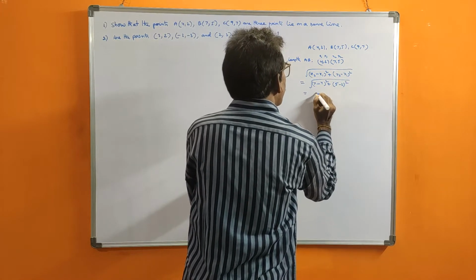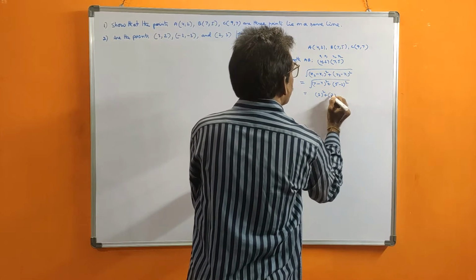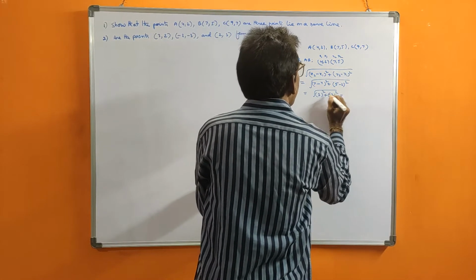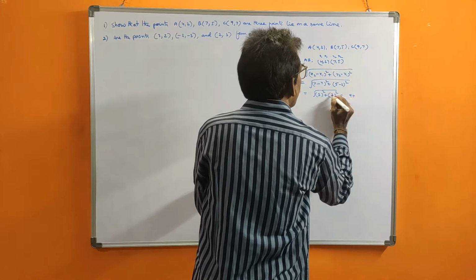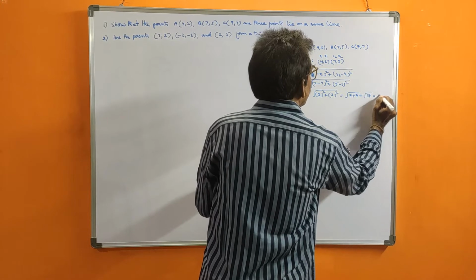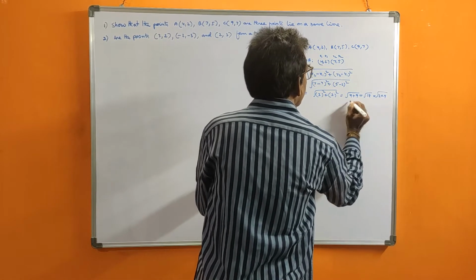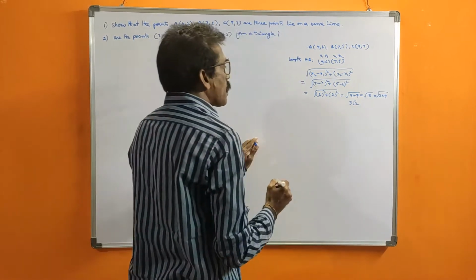Now 7 minus 4 is 3, square; 5 minus 2 also 3, square. 3 square is 9, 3 square is 9, root of 18. We can write this as 2 into 9, so root 9 is 3, giving 3 root 2.